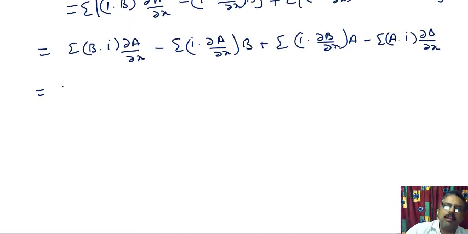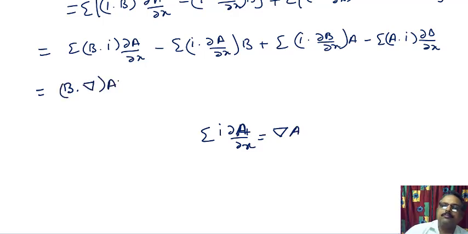Now this B is a fixed vector. Sigma, what is the term? i into dou A by dou x. Ordinary product means del A. Here del into A. Okay, I will erase this part.